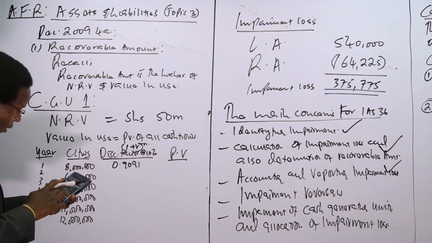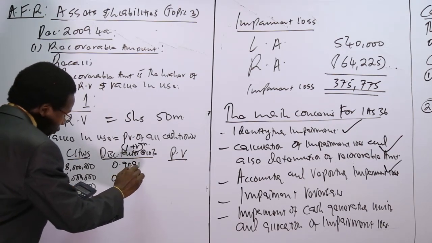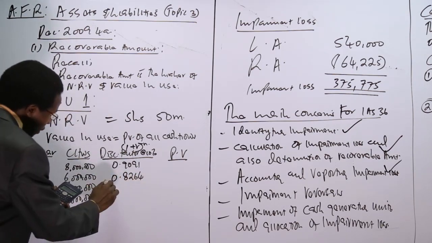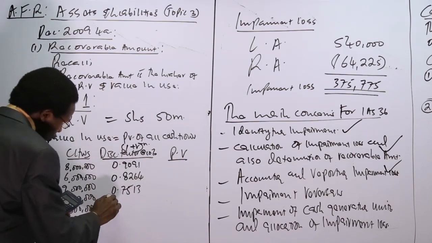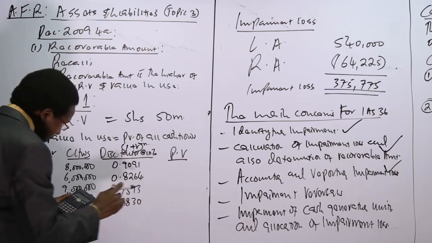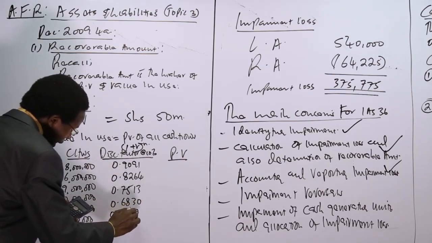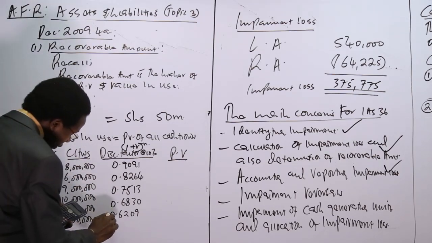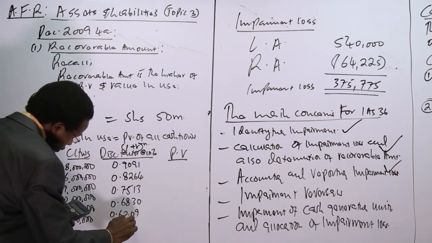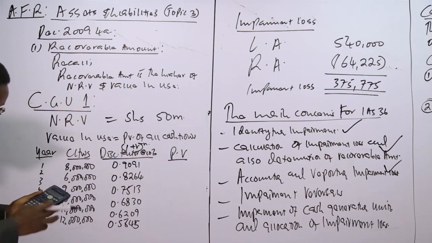Then 0.8264, then 0.7513, then 0.683, then 0.6209, then 0.5645. Those are the 6 years.